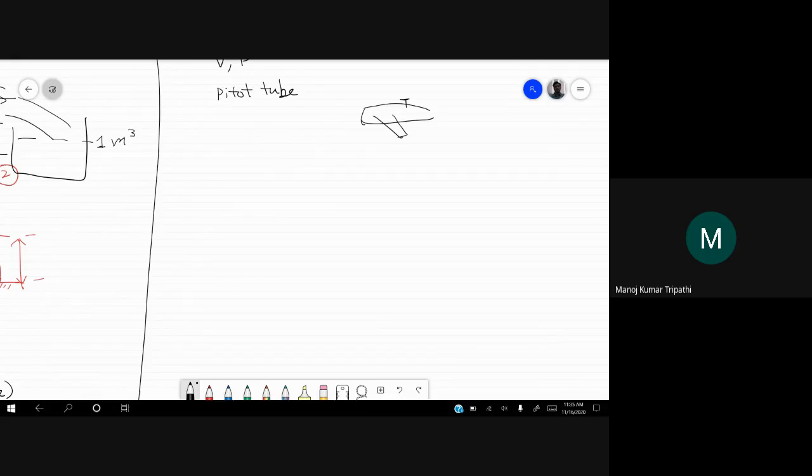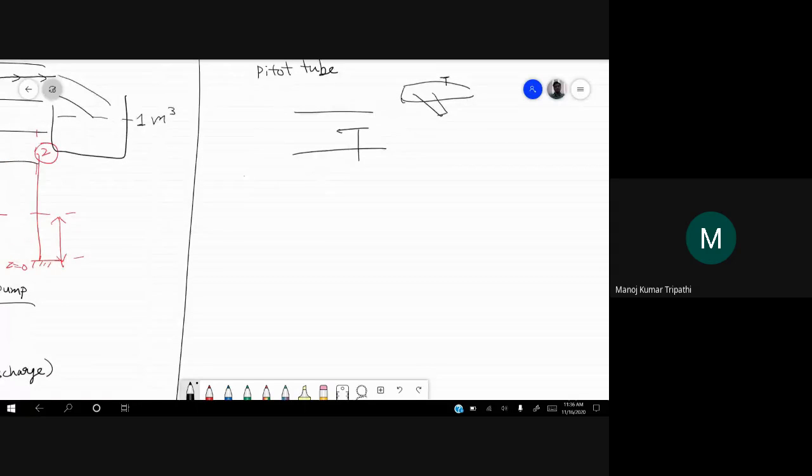Okay, so for external velocities you can use pitot tube. Even if a pipe is very thick with a very big diameter, you can have a pitot tube inside that also and measure the velocity of the fluid.